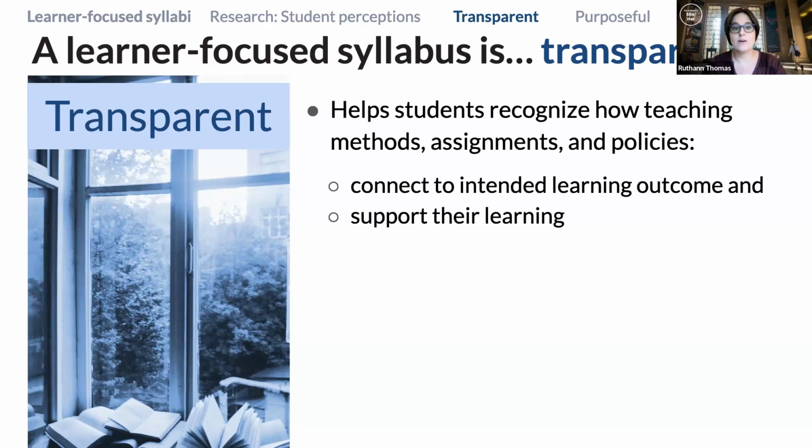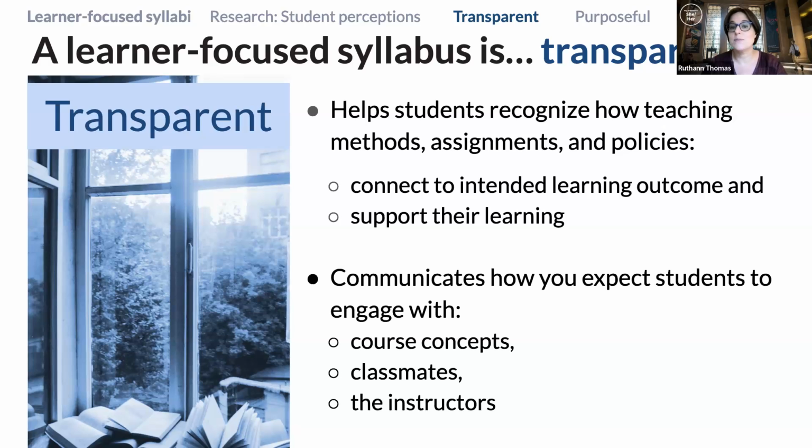It also involves explicitly describing norms and expectations for how students should engage with the concepts and the skills of the course, their classmates, the instructor, and the teaching staff, in order to make the hidden curriculum visible. This can be particularly helpful for students who lack the academic background or social capital to inform them implicitly of how to succeed or what's expected of them in a college-level course.